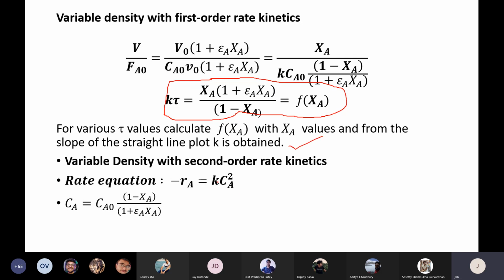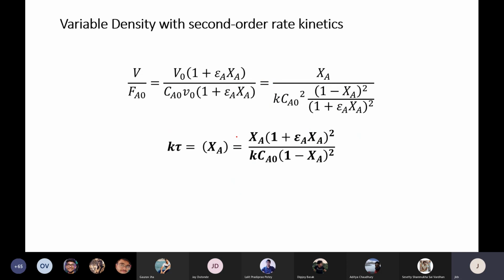I am repeating this. The rate equation is minus RA equals k C squared, second order kinetics. Then one more term will be extra here because it is squared, so 1 plus epsilon X, squared, will be there. Then this is the design equation for second order.